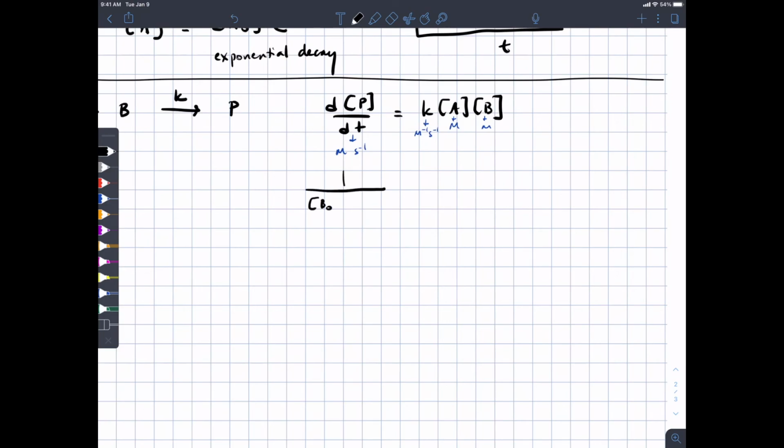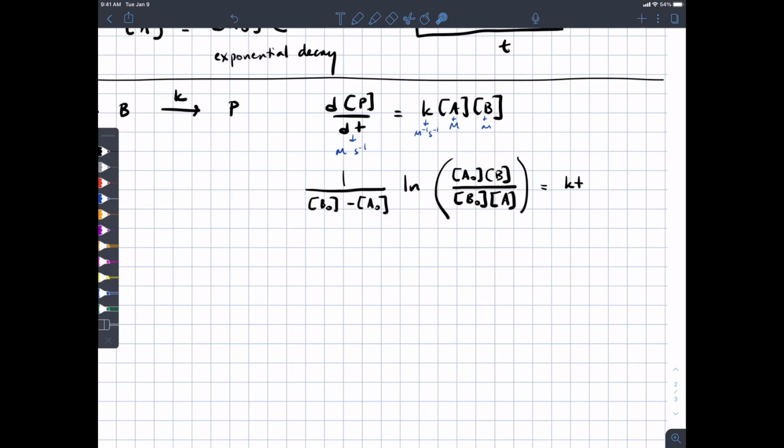So you take 1 divided by the concentration of B at time 0 minus the concentration of A at time 0, multiplied by the natural log of the concentration of A at time 0 times the concentration of B at time t, divided by the concentration of B at time 0 times the concentration of A at time t. And all of that equals kt.